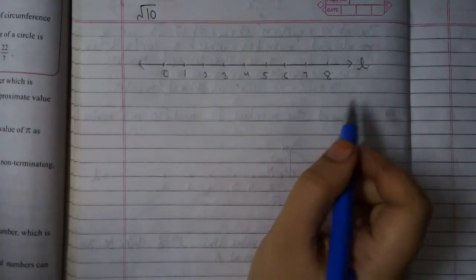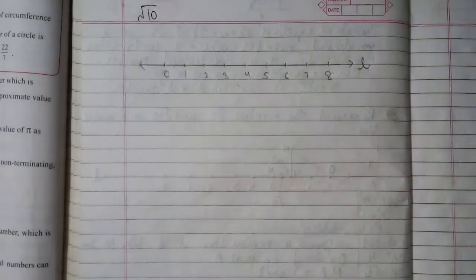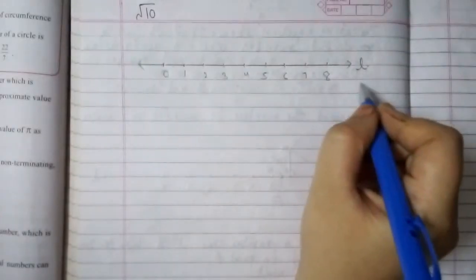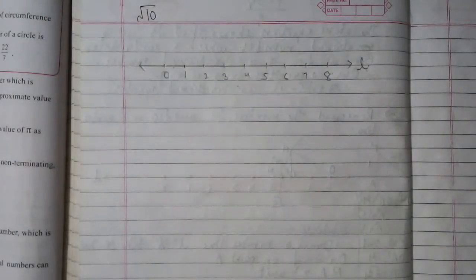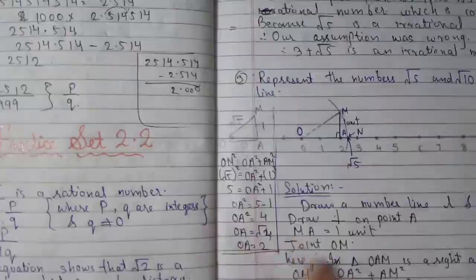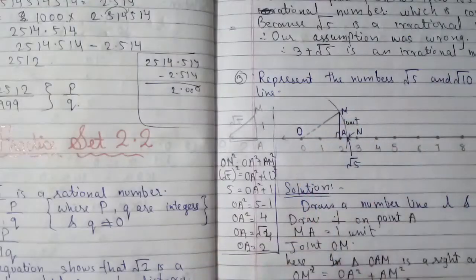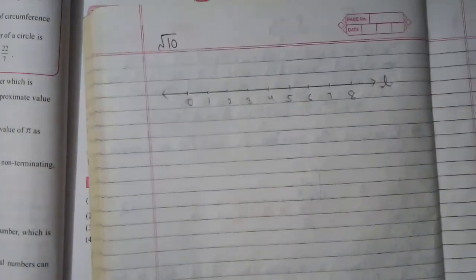Alright students, after showing root 5, we will now show root 10 on a number line, and for that also we have taken L as a number line. Just like in the previous question, where we did a rough work to see how many units should be taken on the number line, here also we will do a rough work.